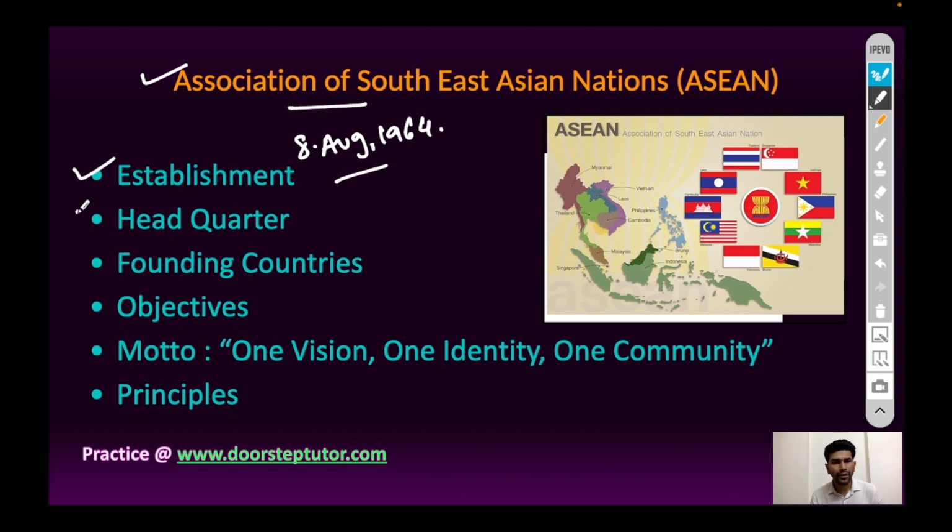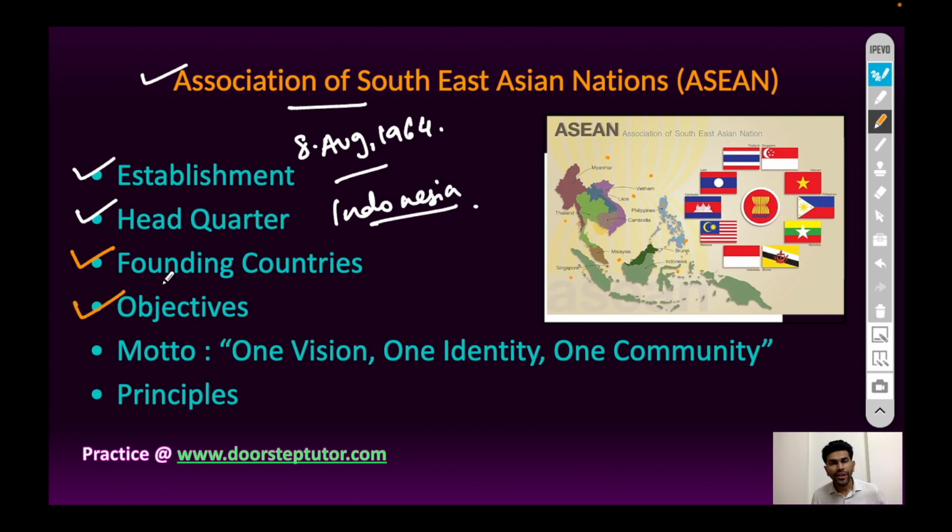The headquarters is in Jakarta, Indonesia. The founding countries are Indonesia, Singapore, Malaysia, Thailand, and Philippines, and currently Myanmar, Vietnam, Laos, and Brunei. Total 10 countries are there.